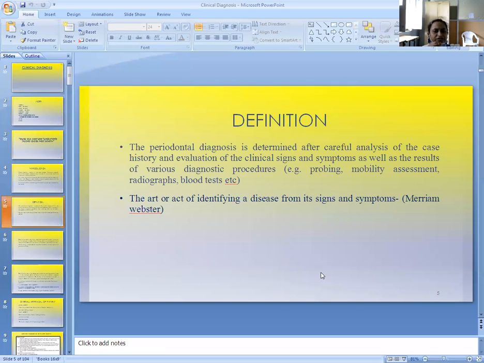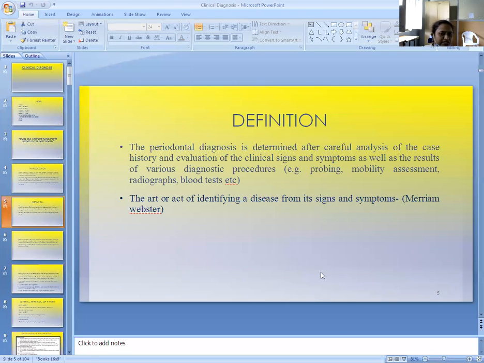All the findings you record will lead you to a particular diagnosis of the disease.